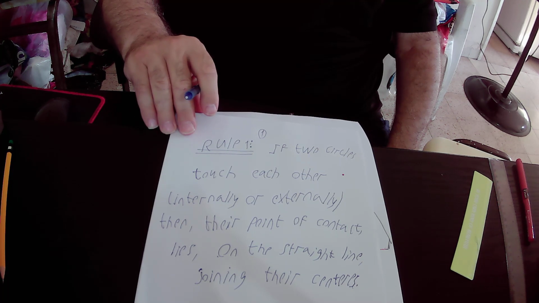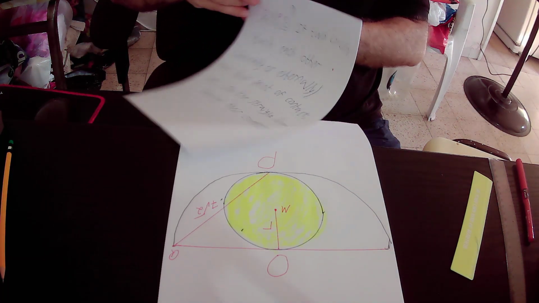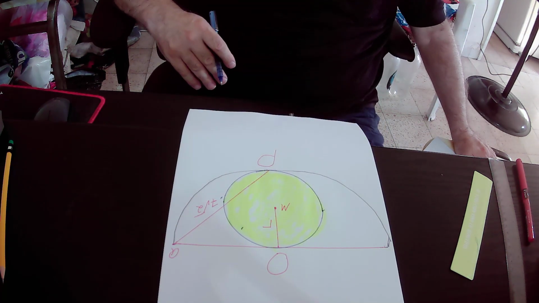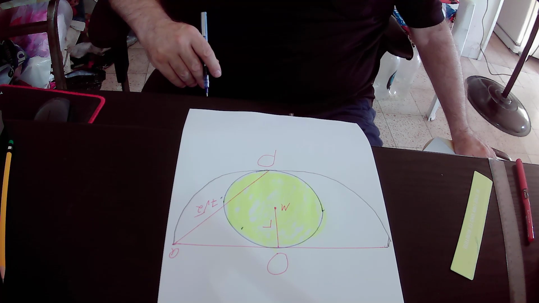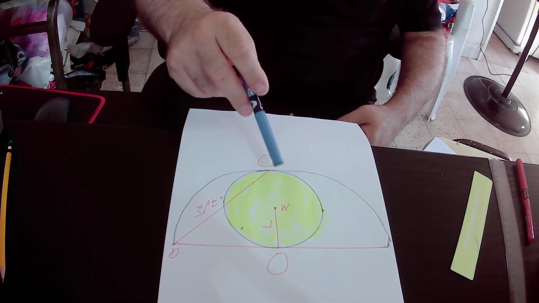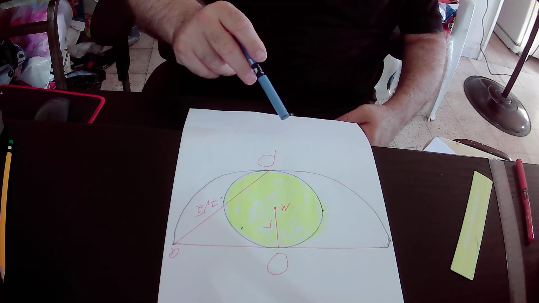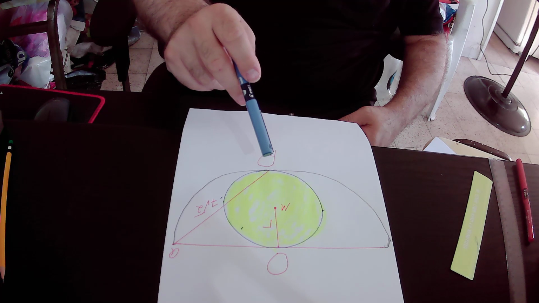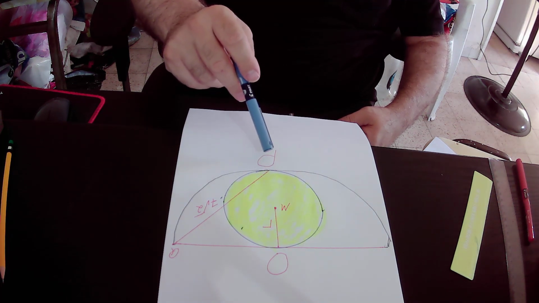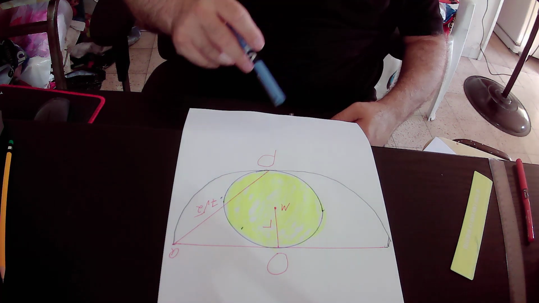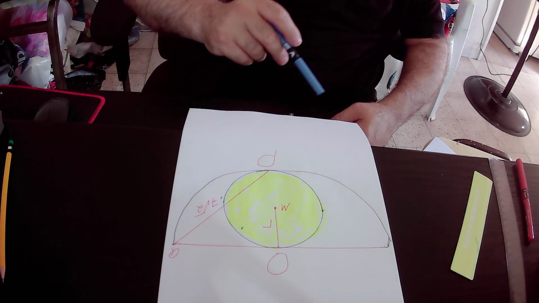Okay, now I will explain the meaning of rule number 1. If two circles touch each other, in our example, the yellow circle touches the semicircle internally at point P, and point P is their point of contact.